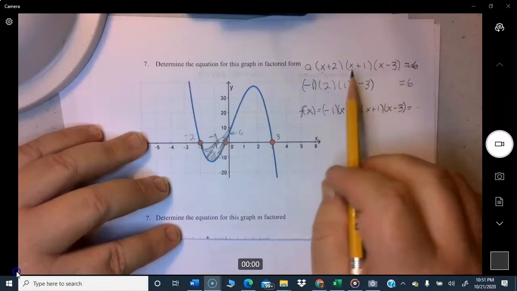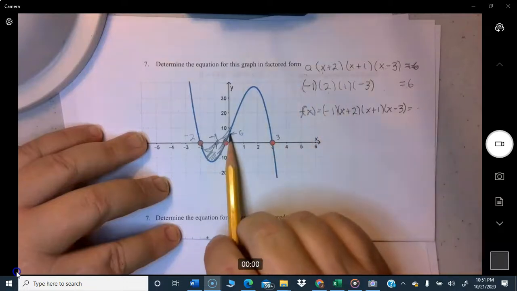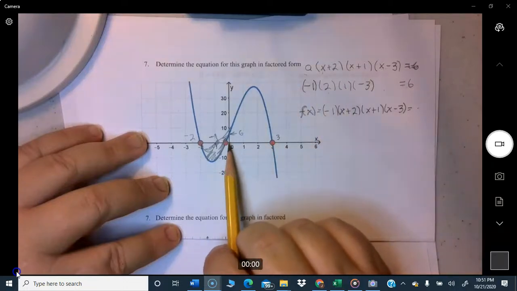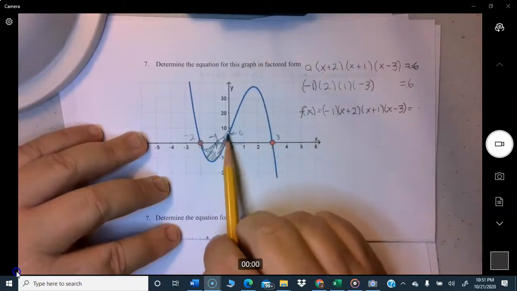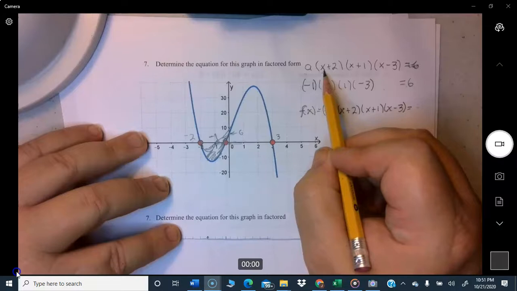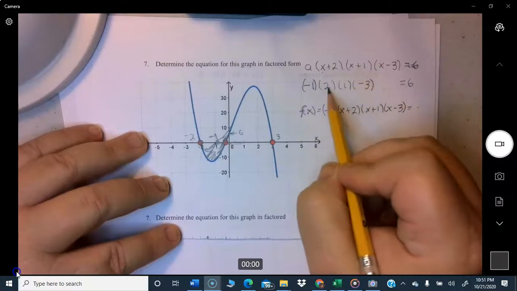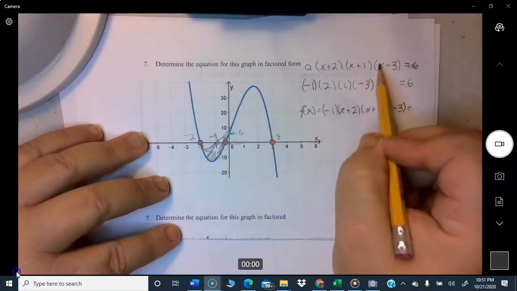So again, let's go through the reasoning of this one more time. It says if the y-intercept is at 6, that means when x is 0, because we aren't anywhere on the x-axis right there, y is going to equal 6. So I put in x equals 0 here. That gives you 2, it gives you 1, it gives you -3.